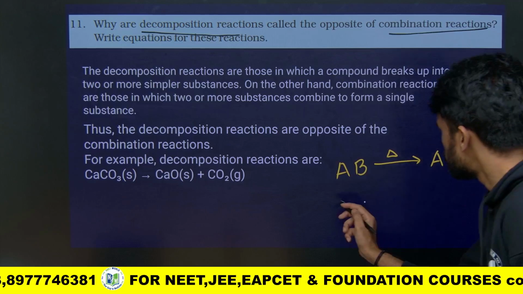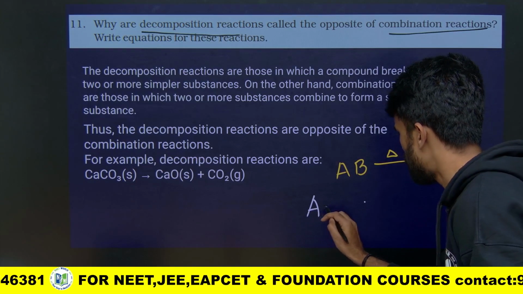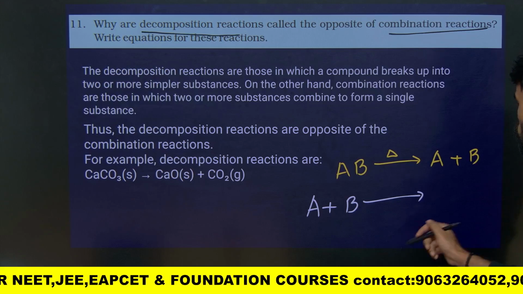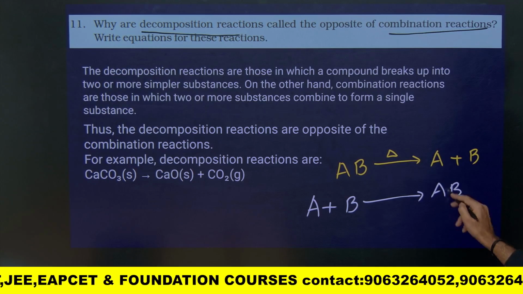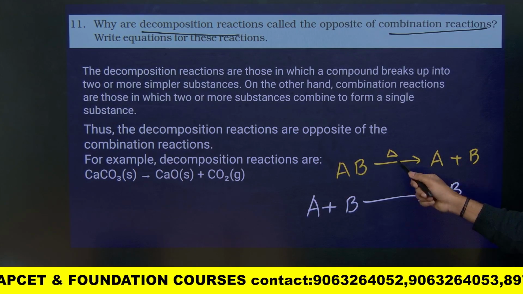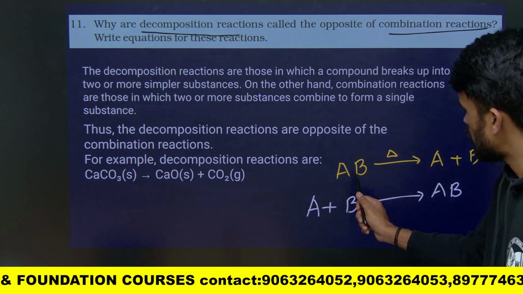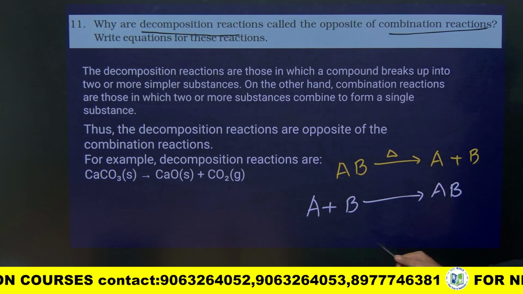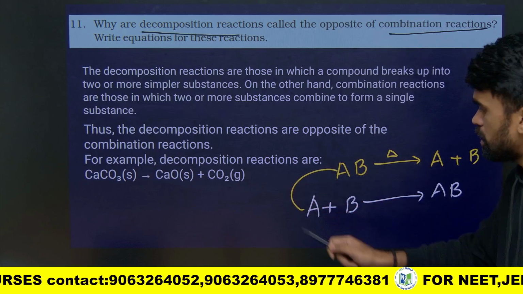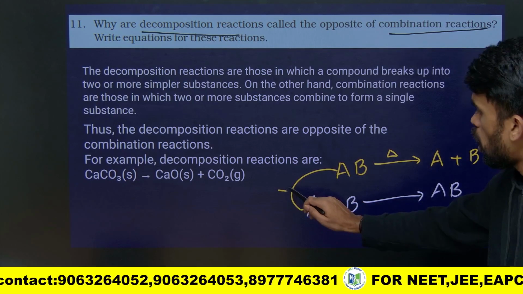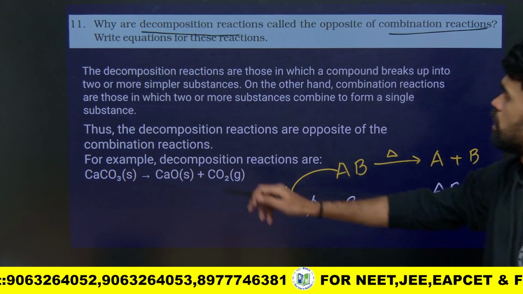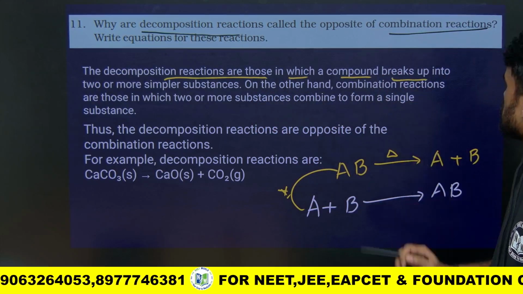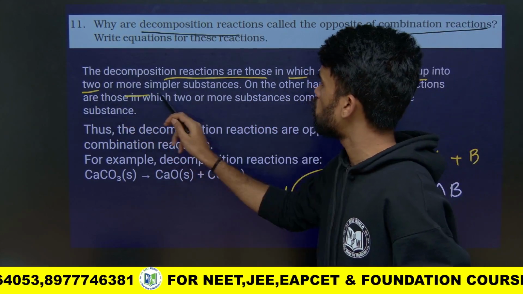Now let us say I have element A and element B, combining to form a compound AB. So how are these two reactions looking? In the first reaction it is decomposing, in the second reaction it is combining. So they are opposite to each other. Decomposition reactions are those in which a compound breaks up into two or more simpler substances.